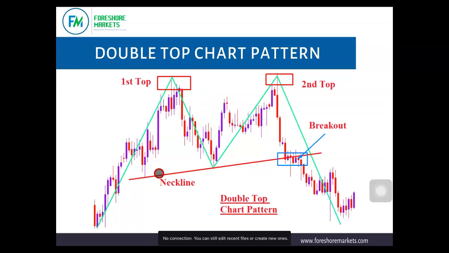That is where you draw the neckline, a horizontal line across there to the right, to intersect with the price action or with the chart. Once the price comes down and goes below the support line here, you place your sell. Put your stop loss above the resistance, and it is expected that once the price goes below the neckline, it usually goes a very far distance down.